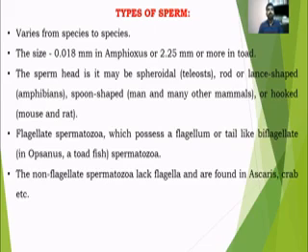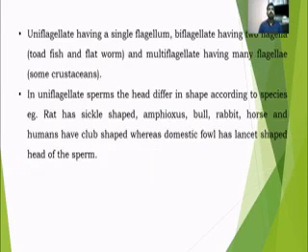In some cases no flagellum or tail is present, and such spermatozoa we can easily observe in Ascaris and the crab. Suppose a single flagellum is present, it is known as uniflagellate, and if it has two flagella, then they are known as biflagellated sperms, and if more than two, they are known as multiflagellated sperms. We can observe multiflagellated sperm in crustaceans also.